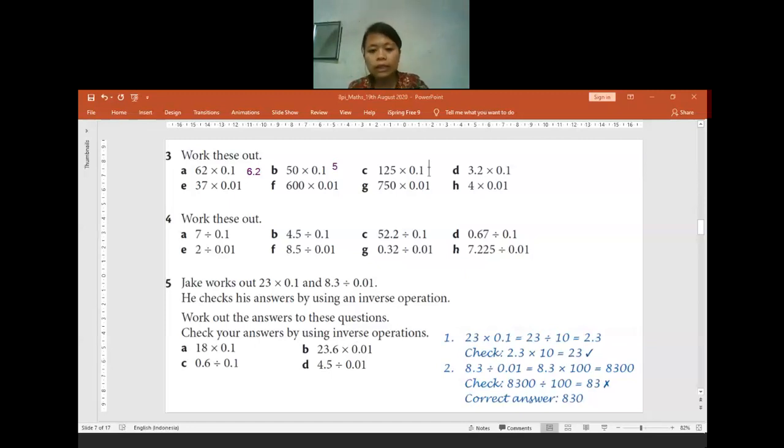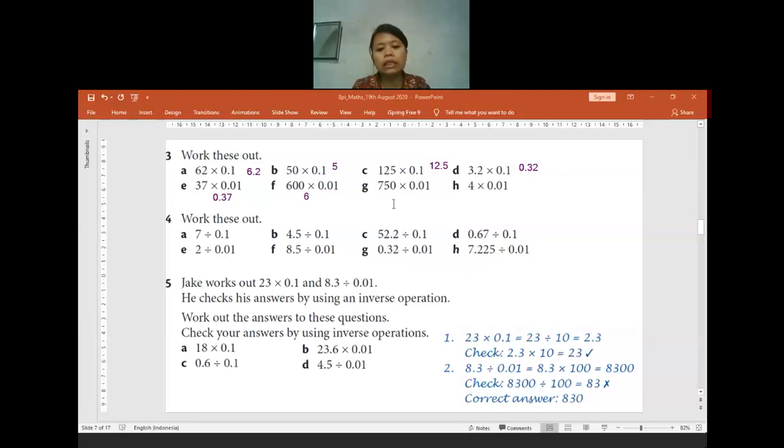Now for question C, 12.5. Okay. For question D, what number will it be? 0.32. Okay. For question E, okay, 0.37. Good job. For question F, 6. Okay.